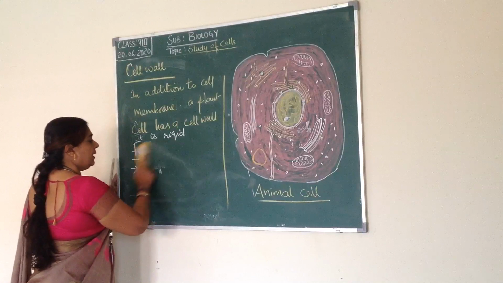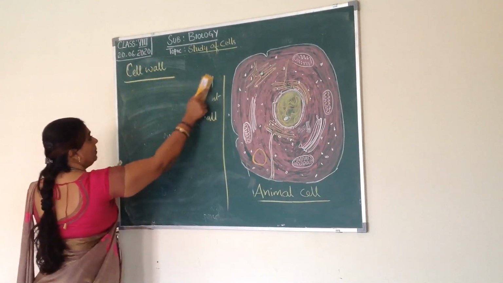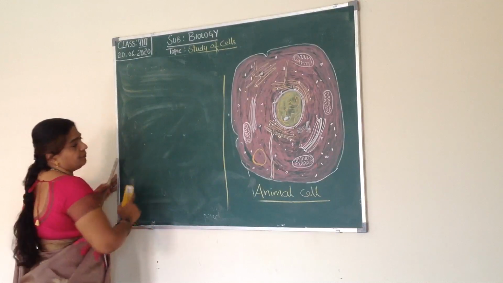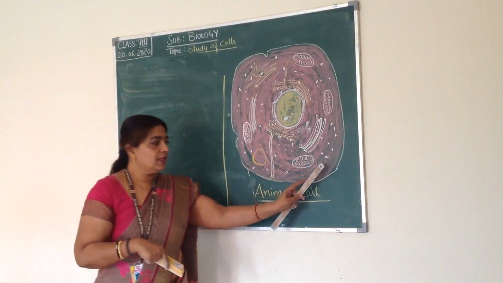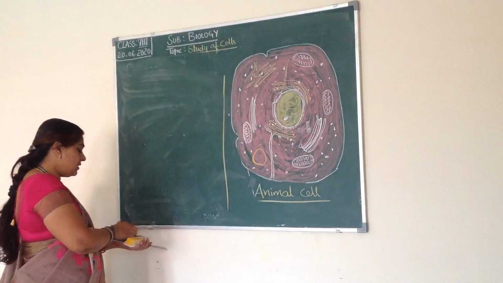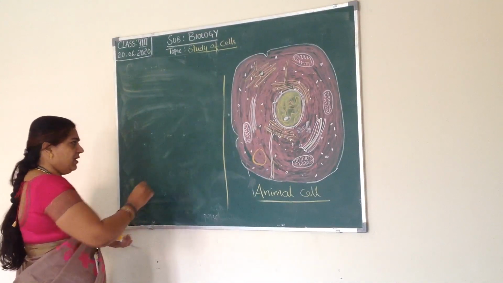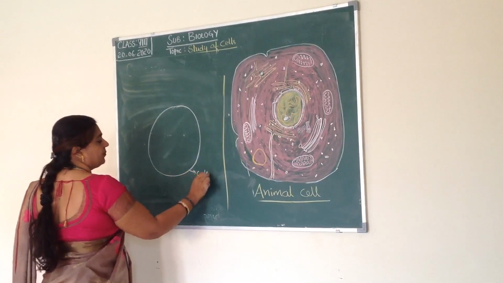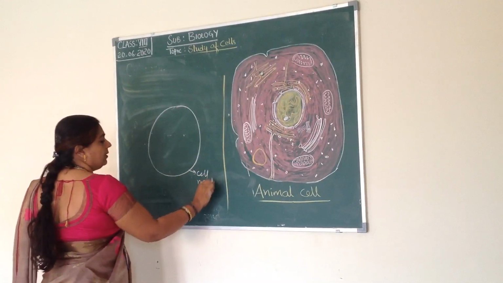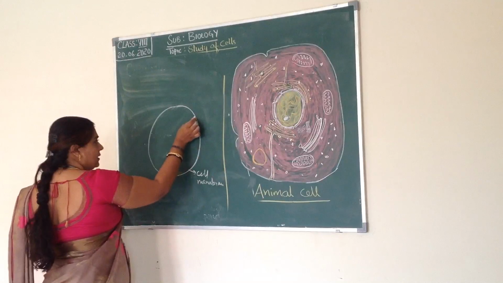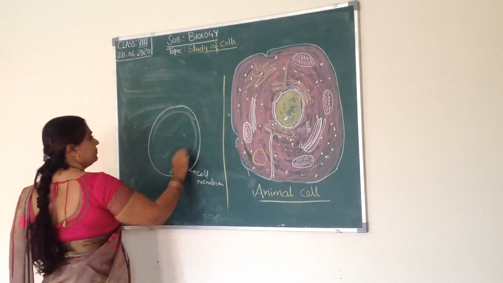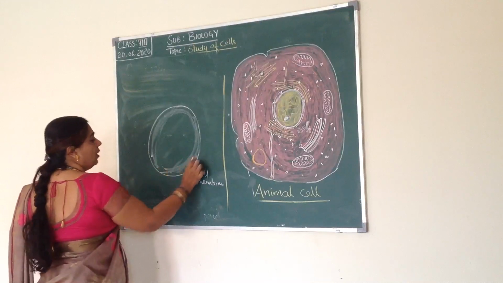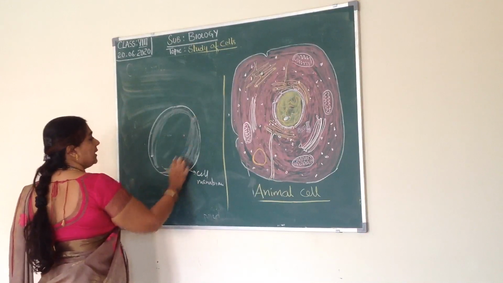Then let us go to cytoplasm. So what is cytoplasm? Already we learned. Cytoplasm is a substance which is present inside the cell. Whether it is a plant cell or an animal cell, if this is the cell membrane, the inside of the cell is made up of a jelly-like substance.